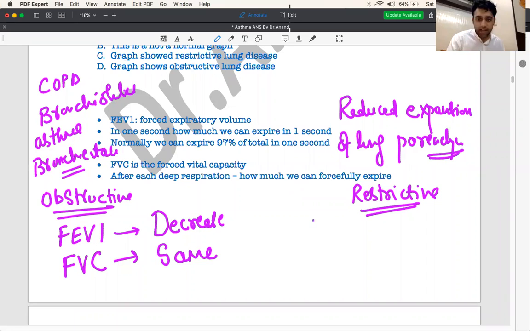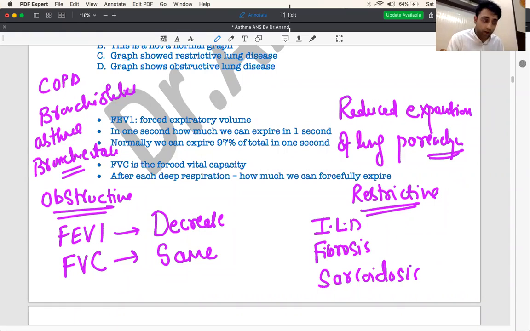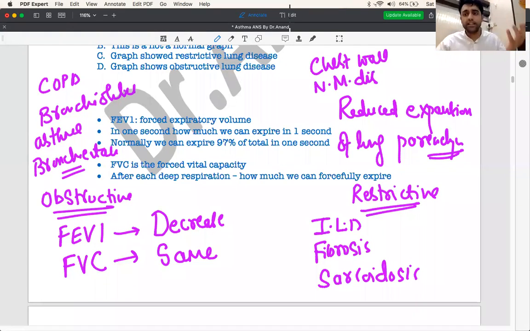The examples are, very important, interstitial lung disease. If I'm facing any fibrosis, if I'm having sarcoidosis, yes or no? Or if I'm having chest wall neuromuscular disease. So Hamid, try to understand, if I'm having fibrosis in my lung, then what will happen?